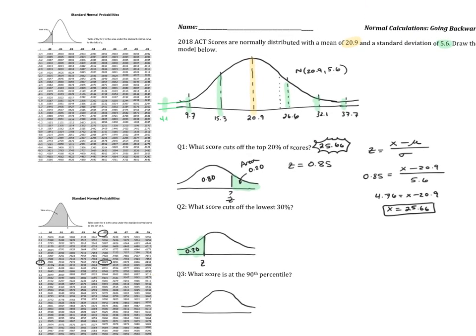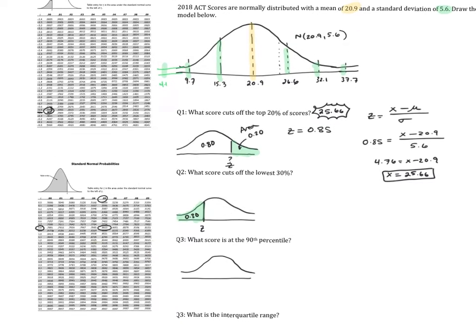So we're just going to look at the table and look for the closest number we can get to 0.3. That's going to be here, 0.3085. I think so. Okay, so that's negative 0.50.